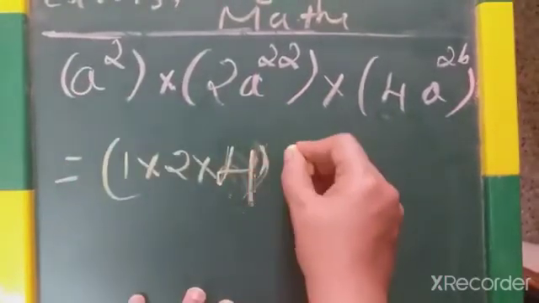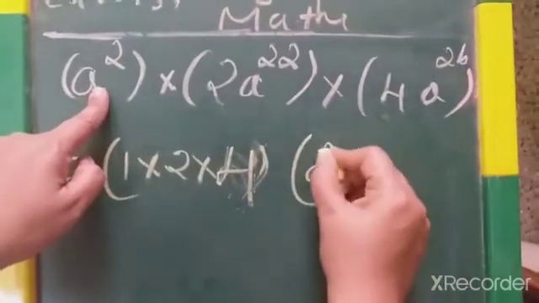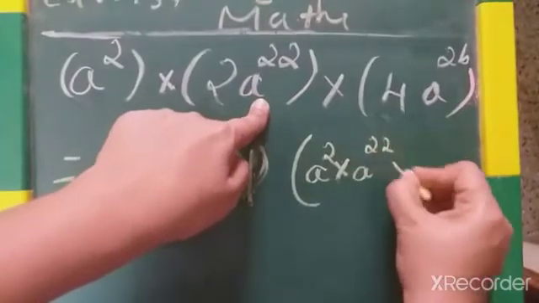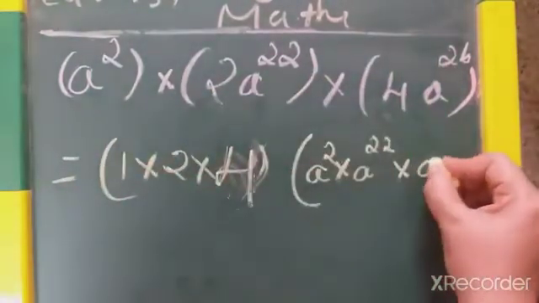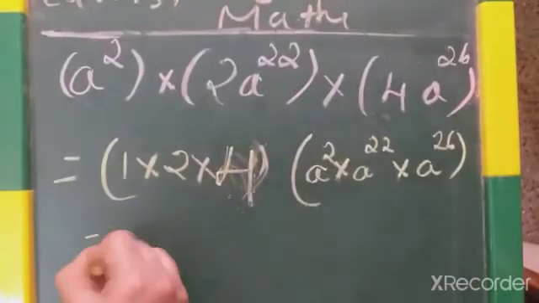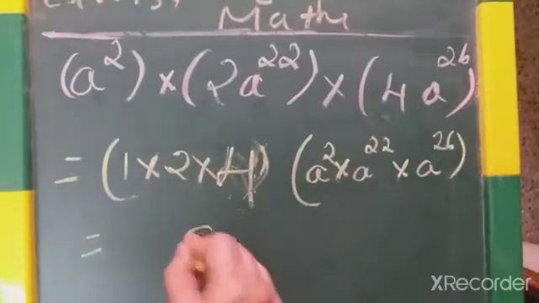Now into bracket means into. Now here a square into a to the power 22 into a to the power 26. Answer is now 1 2s are 2, 2 4s are 8.